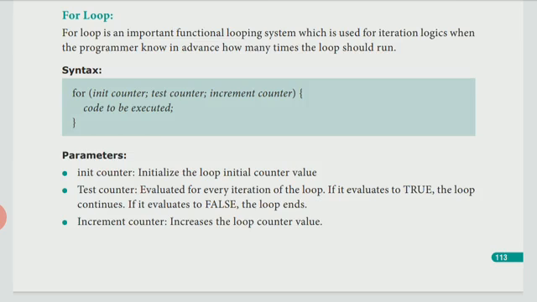The test counter is where we give the condition. When the condition is true, only then will it execute the process, otherwise it will move on. If the condition becomes false, it will end the loop. The next one is the increment counter, which increases the value. These are the three parameters we use in the for loop.